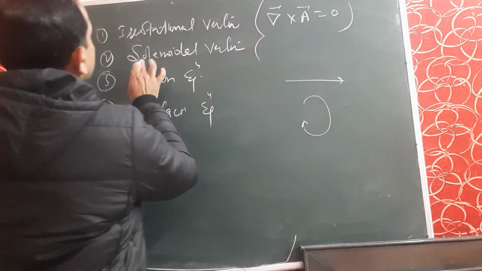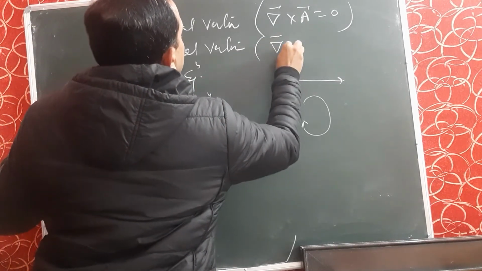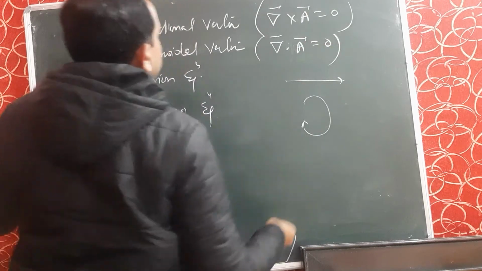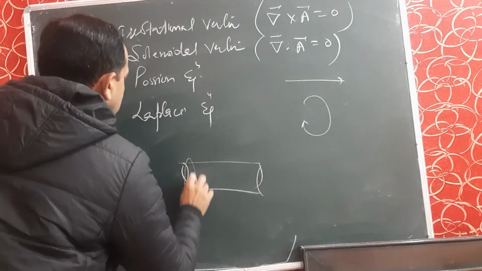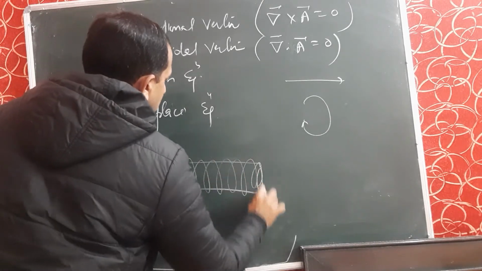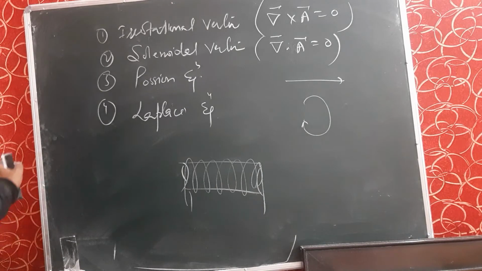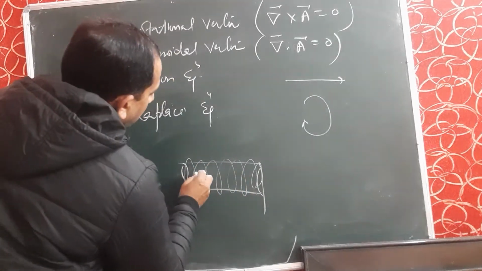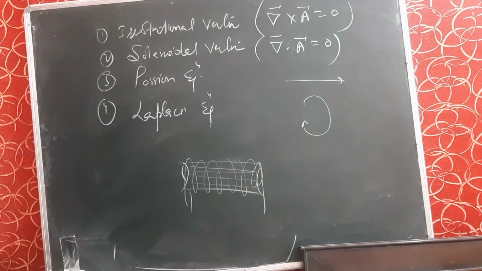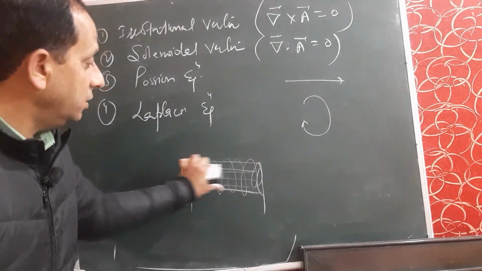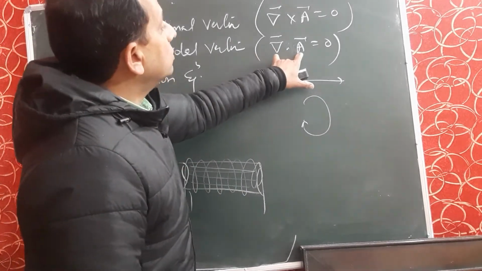And the second one is solenoidal vector. You know that a solenoid is the device which you have already studied in your classes, like this solenoid. And what is the main property of solenoidal? In case of a solenoid, the magnetic field inside the solenoid is always uniform. There is uniformity, and del dot A means divergence.